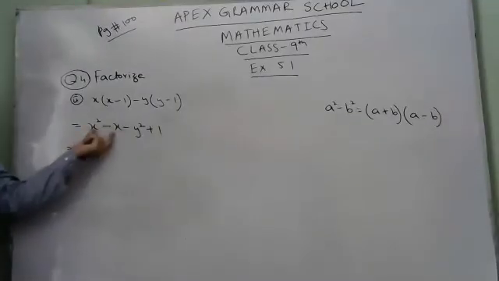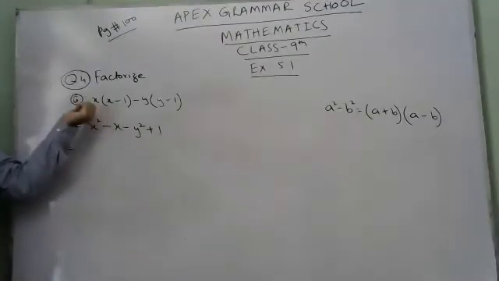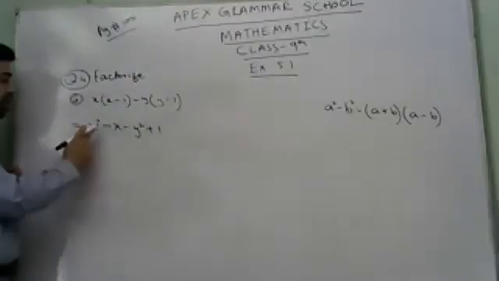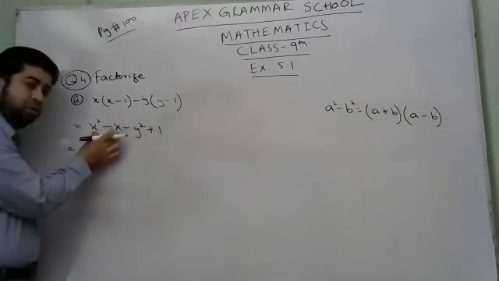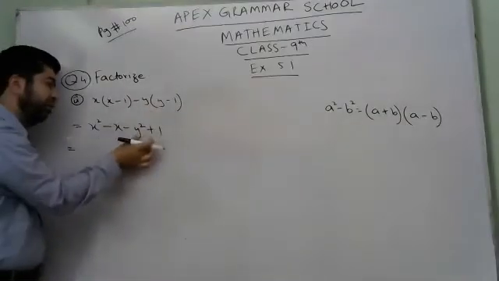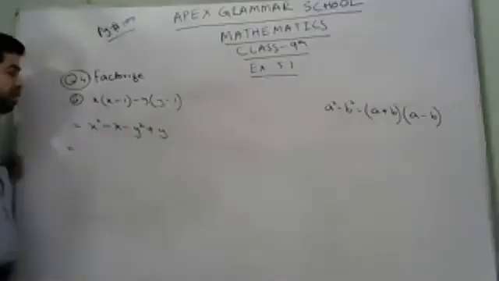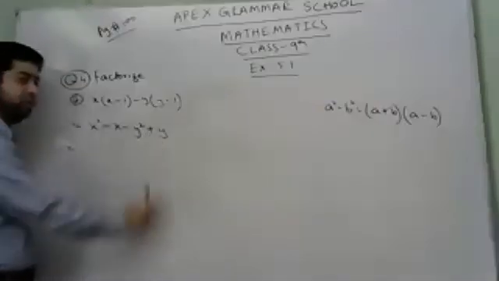If we take x common again, this will again become this situation. This situation will give us the false answer. So x squared minus x minus y squared plus y. We can't take x common again from here and negative y again from here. This is the first position, this is the second position, this is the third position, this is the fourth position.